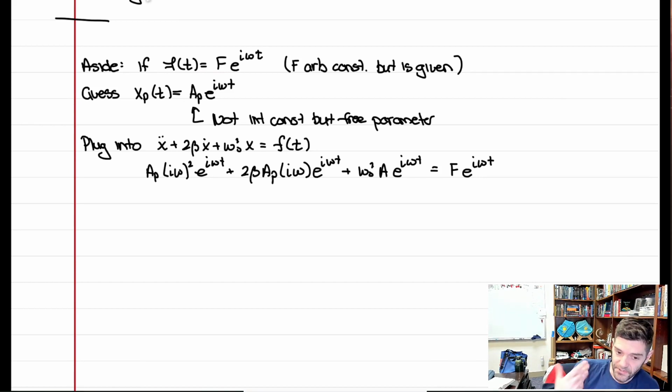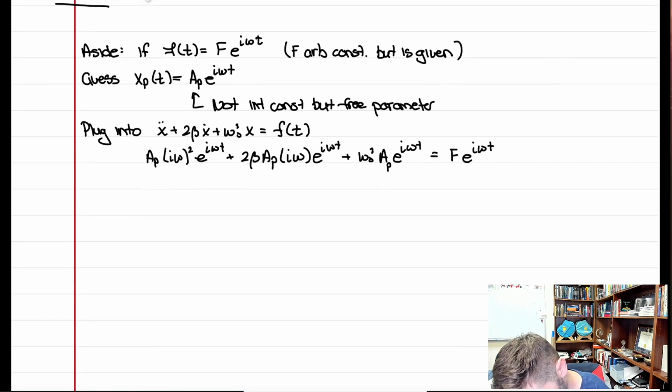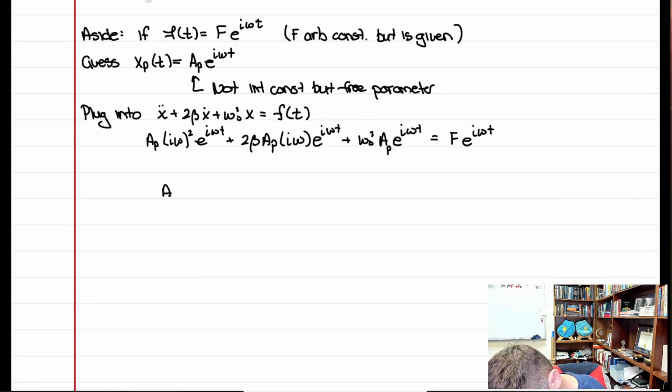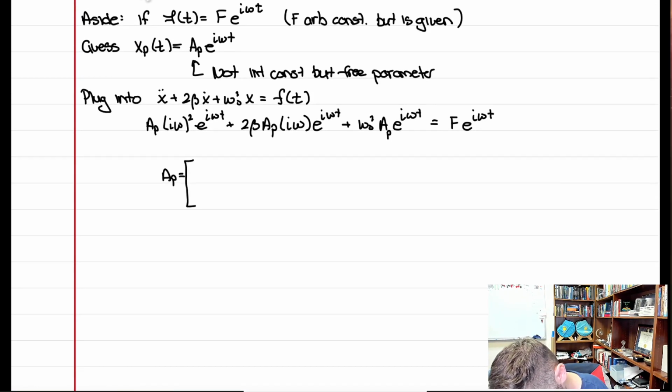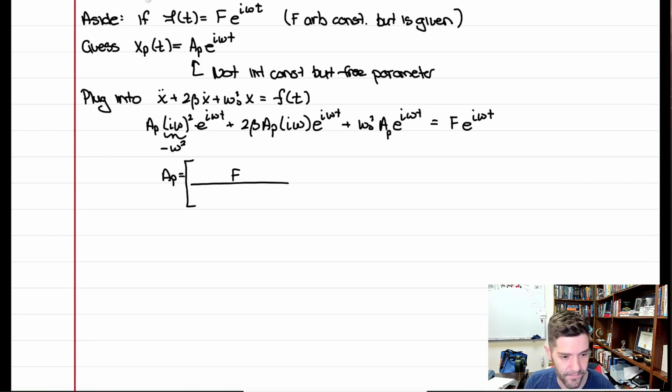The nice thing about assuming the solution also looks like e to the i omega t is that now there's an e to the i omega t everywhere. I can cancel those out, and it looks like I have an expression that I can solve for a. So then a particular solution, a_p, looks like at the end of the day, if I set it equal to, it looks like F all over, then you have to think of what's going on here. In this case, this becomes negative omega squared, because i squared is -1.